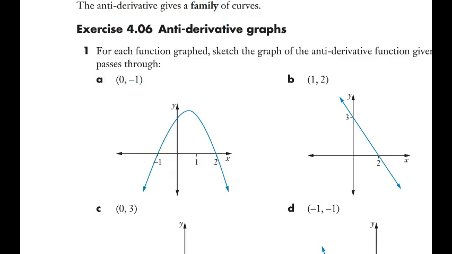So I draw the y-axis, there you go, and x-axis, and then this one was kind of like a straight line, right? A linear line. Starts from 3, goes to 2.